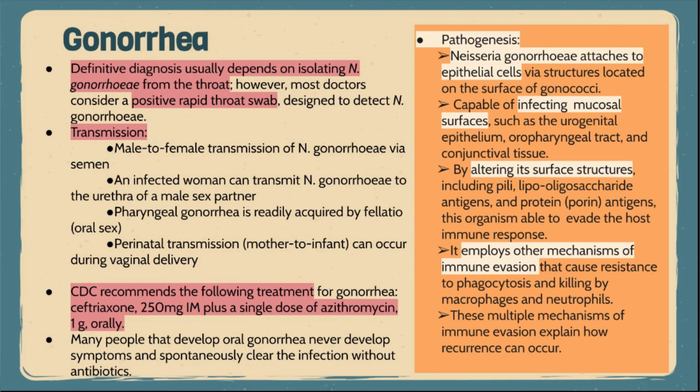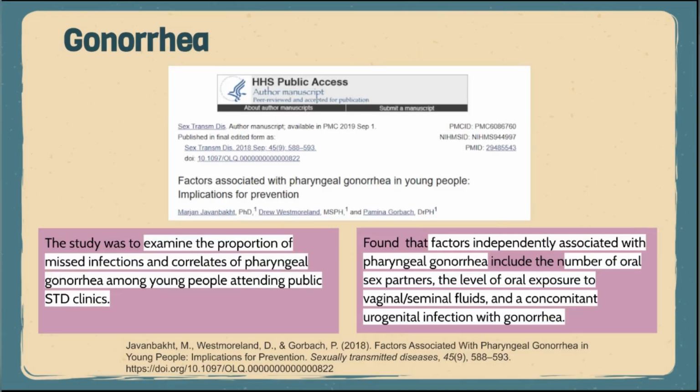This is a case control study of 245 young men and women between April 2012 and May 2014, where they examined the proportions of missed infections and correlates of pharyngeal gonorrhea among young people who attend public STD clinics.